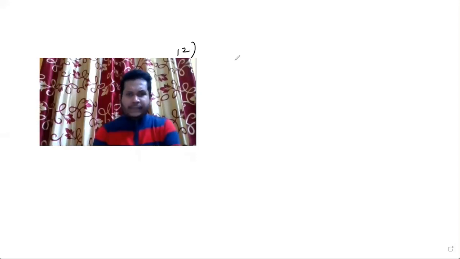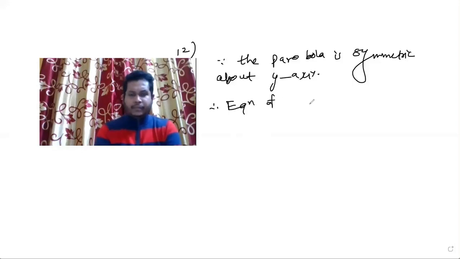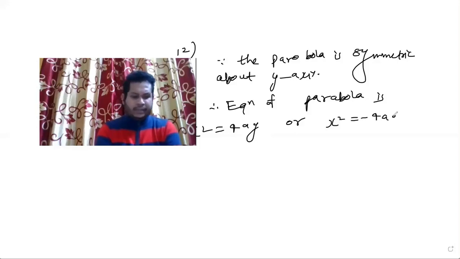So let us start in this way. Since the parabola is symmetric about the y-axis, obviously this much we can say that the equation of the parabola is either x squared = 4ay, or x squared = -4ay, right?